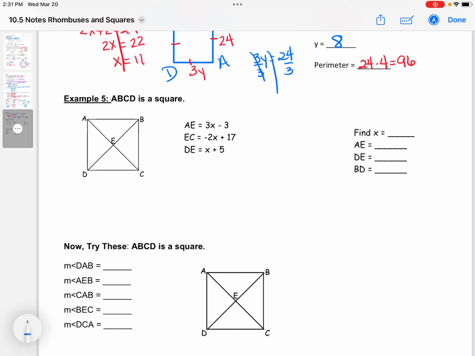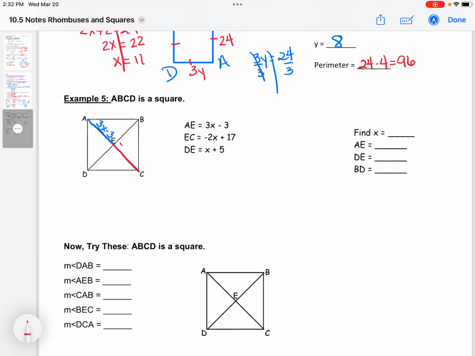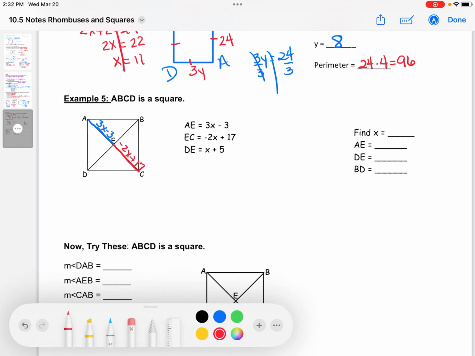Alrighty, looks like I didn't do the next one, and I don't know why. So let's just do that. Okay, so AE is 3x minus 3. EC is negative 2x plus 17.